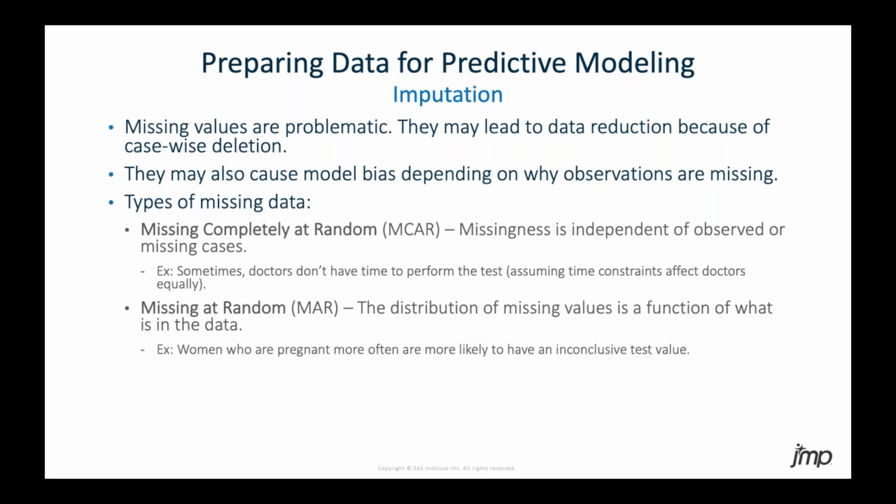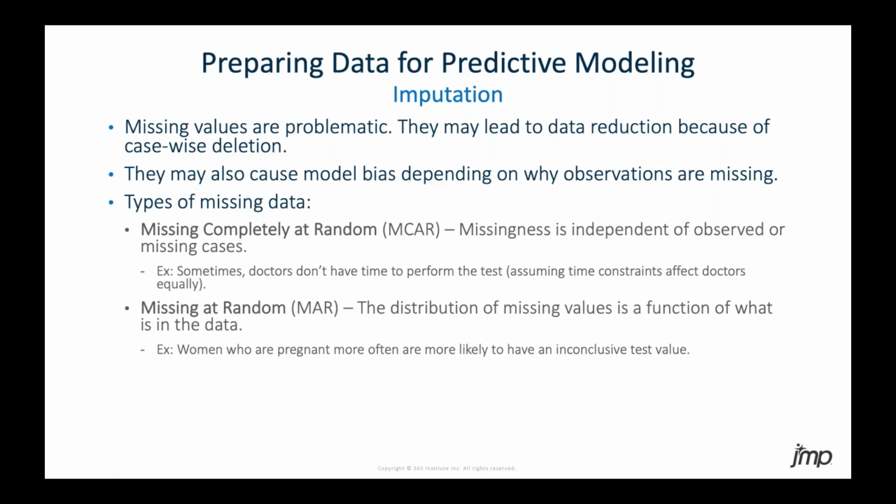So for example, let's say women who are pregnant are more likely to have an inconclusive test value. There's a case where a relationship exists, but that relationship has to do with information that I already have. The great thing is that if your data is missing completely at random, or missing at random, most imputation techniques can handle that.